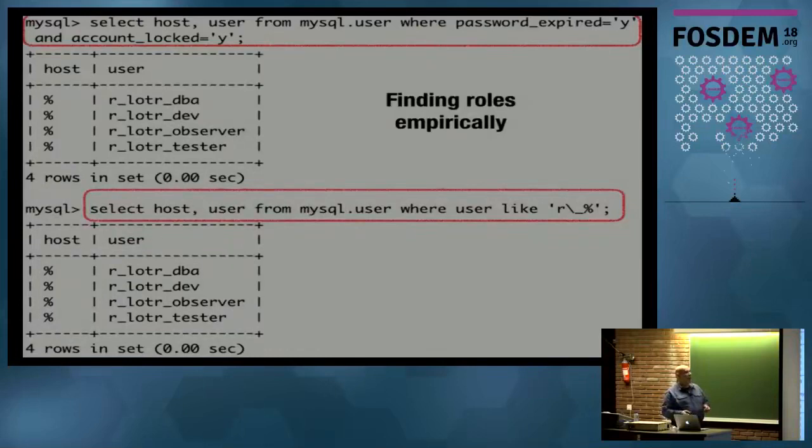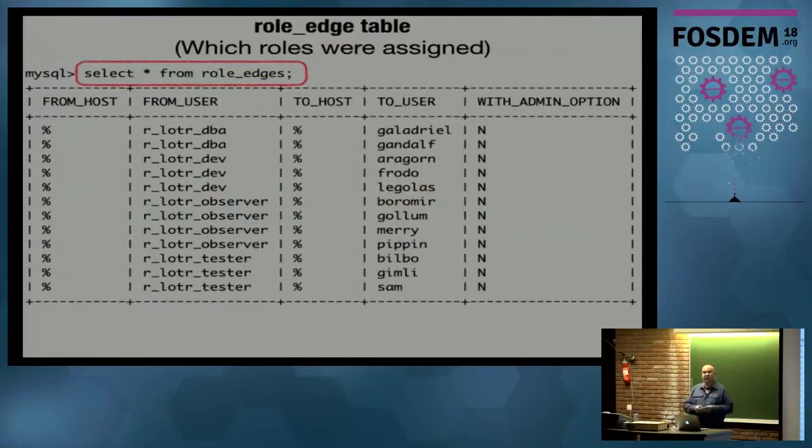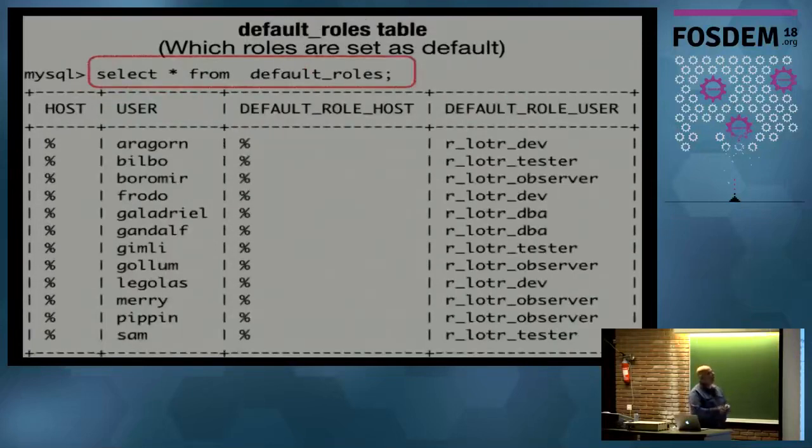If you are adopting a naming convention, you can just select the users that start with the prefix that you wanted to use. You can see the role edges that gives you which roles are assigned to which users, and the default roles, and you see the assignment of defaults.